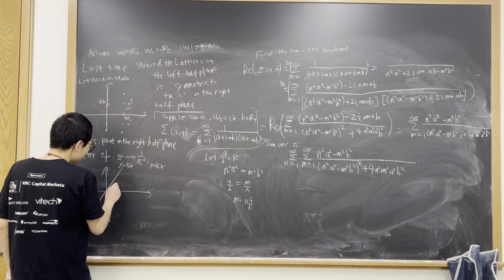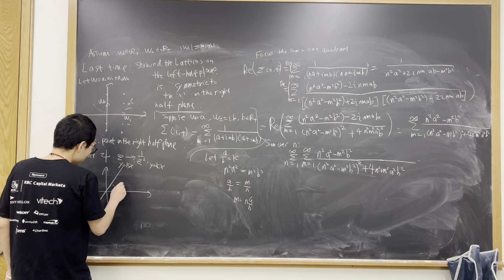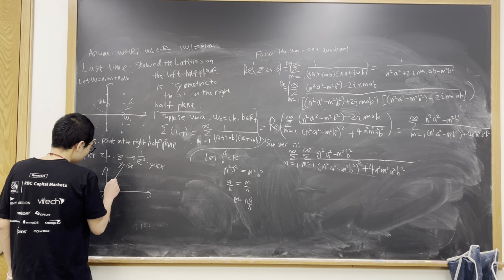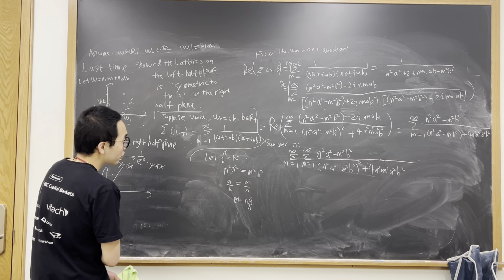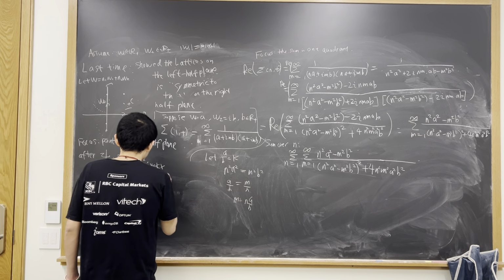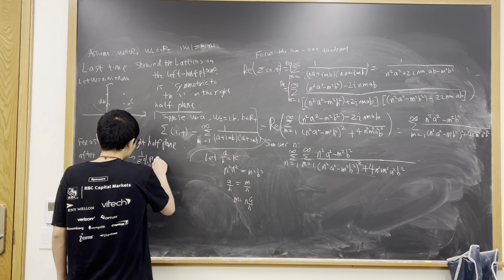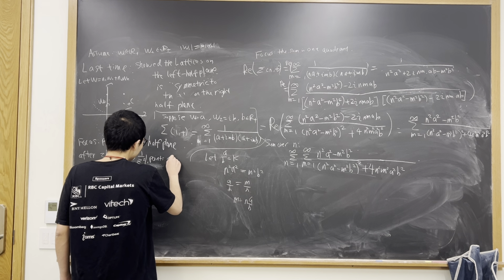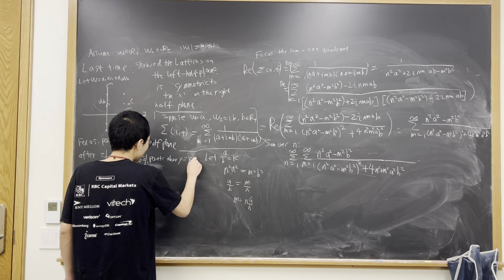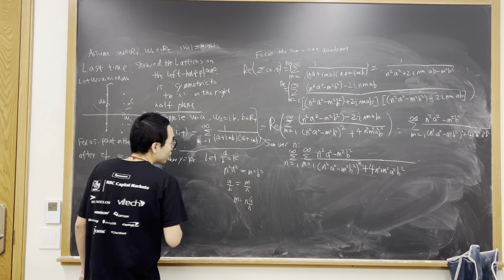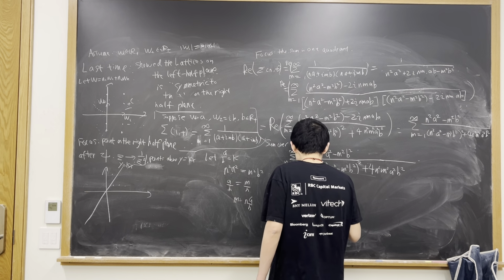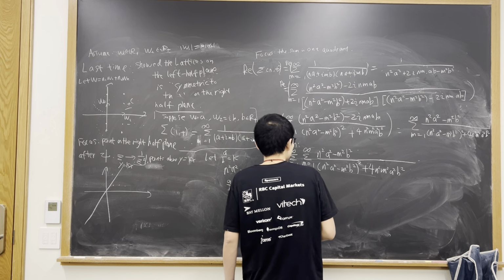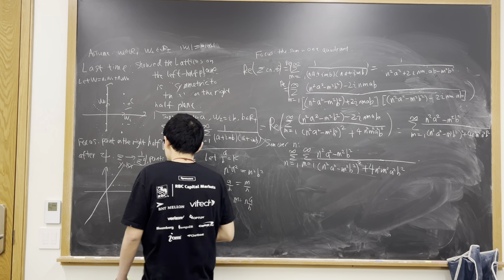So now the lattice points are unit lengths, and for points above this line, y equals kx, the summand is negative, right?